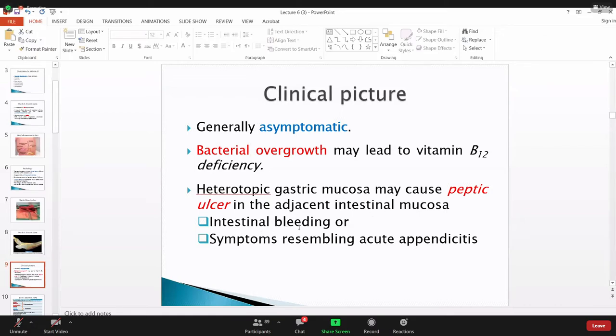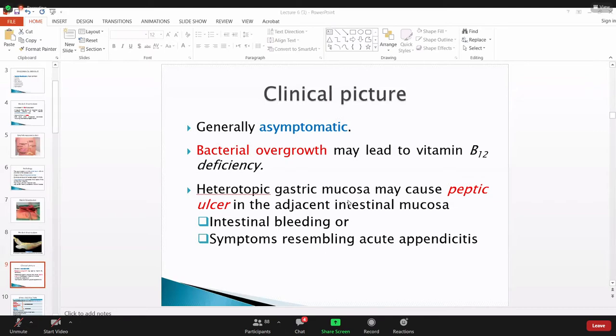It can cause intestinal bleeding if ulceration occurs, or symptoms resembling acute appendicitis. Sometimes, as we said, when there is bacterial overgrowth or ulceration due to production of gastric juices, Meckel's diverticulum can cause symptoms resembling acute appendicitis.